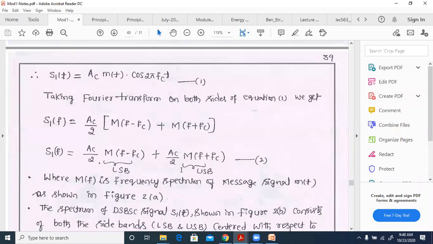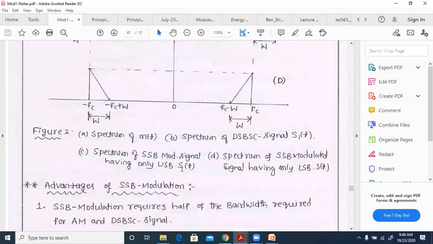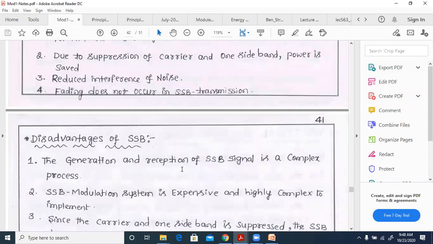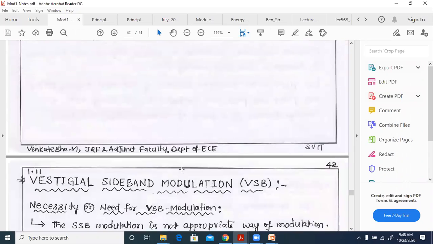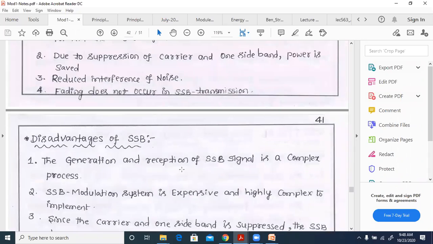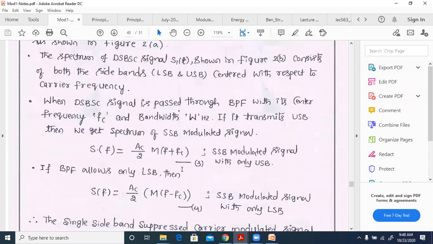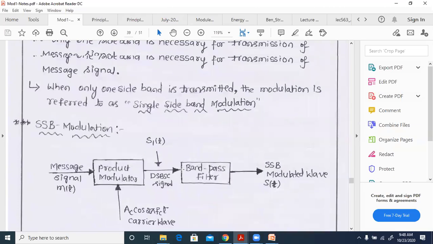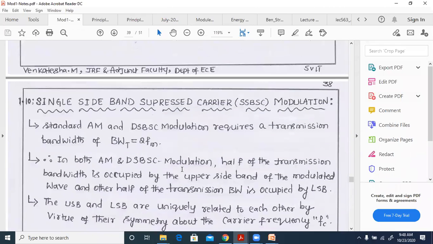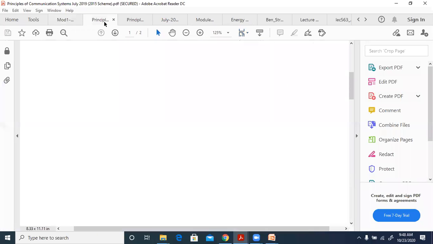Then similarly, is the phase discrimination method for SSB there? No, the phase discrimination method doesn't seem to be there.